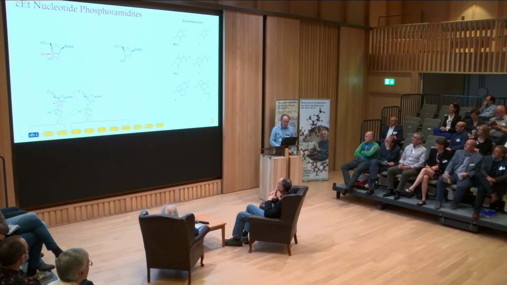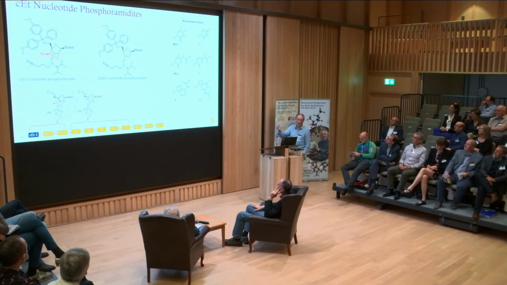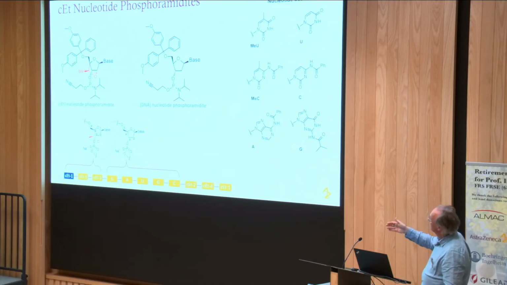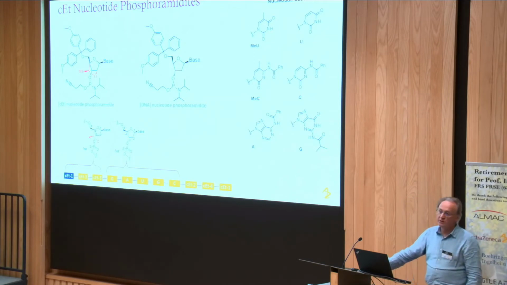So just to get back to the C-ets. The C-ets on the left-hand side there, C-et stands for constrained ethyl. So it's a ribose, but it's got another bridge across. So there's 2 carbons added on there. And the standard way of putting them on is that you have phosphoramidite on the 3 position, and then the other end, the 5' is protected with a dimethoxytrityl.